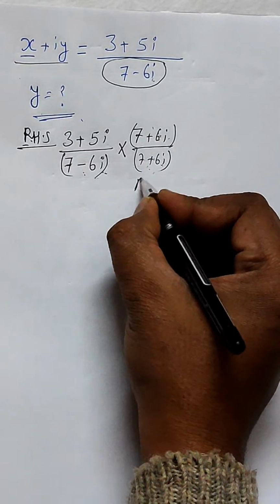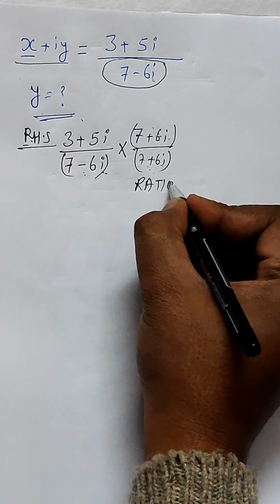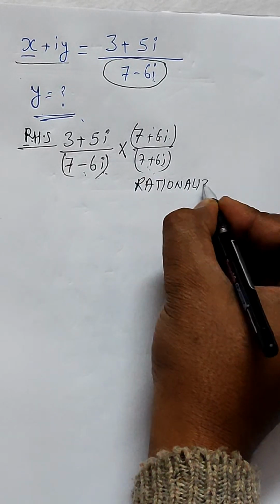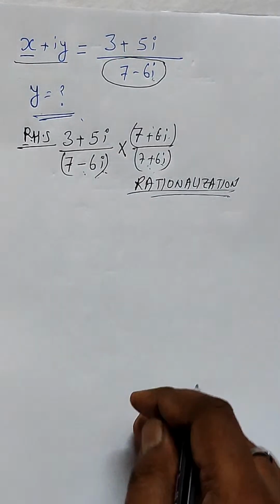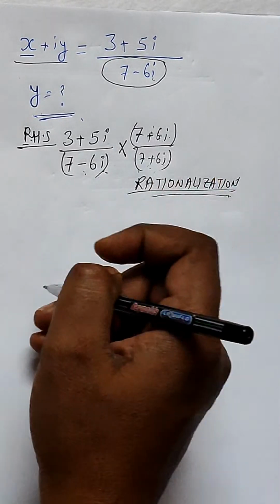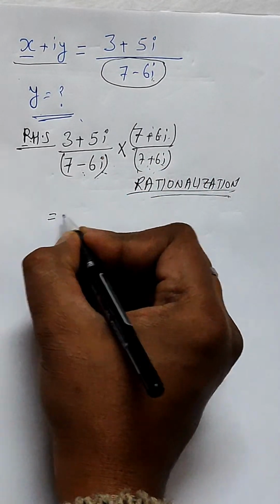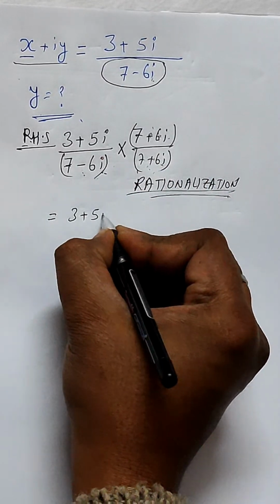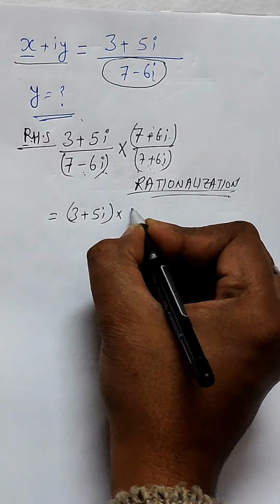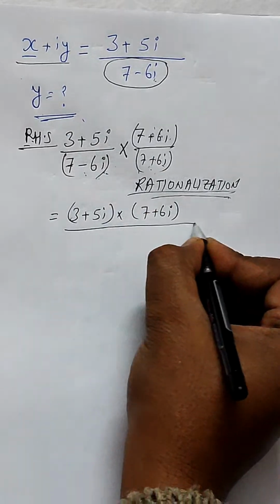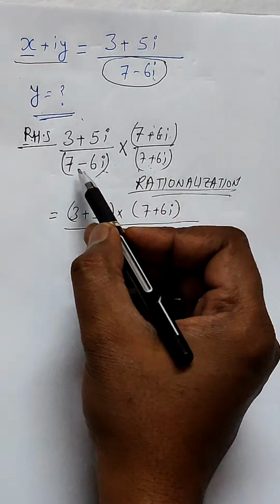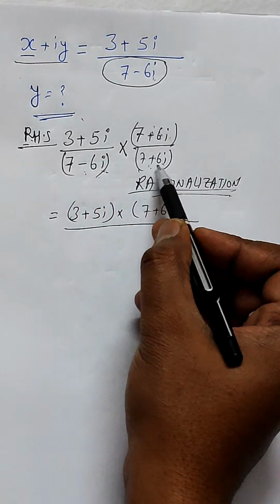So this step is called rationalization, right? We have already studied it in the earlier classes, right? So doing this rationalization, what is the benefit? 3 plus 5i will be multiplied in the numerator with 7 plus 6i, and in the denominator we are having (7 minus 6i)(7 plus 6i).